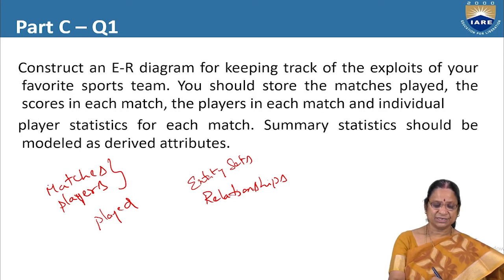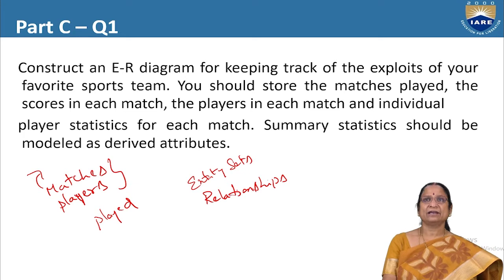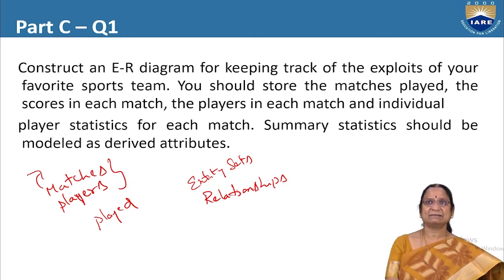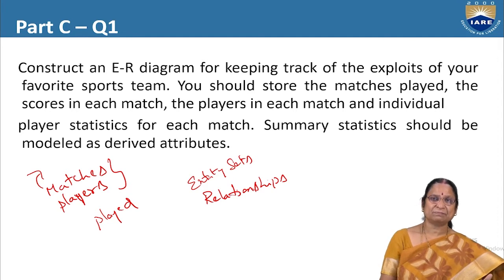Each entity set will have some attributes related to it. For example, for match, when the match was played and where it was played will be there. For player, player ID, player name, and number of matches played, etc., will be the information.